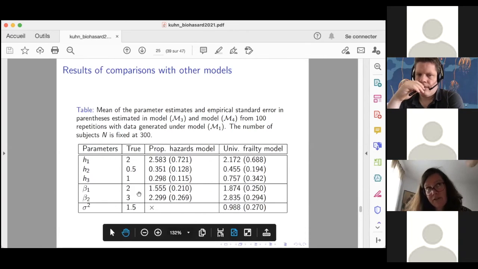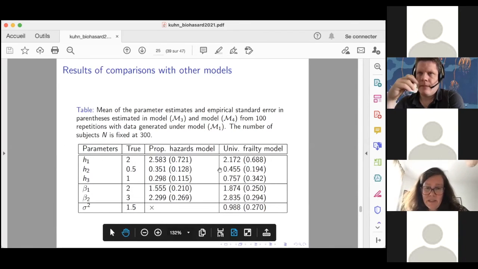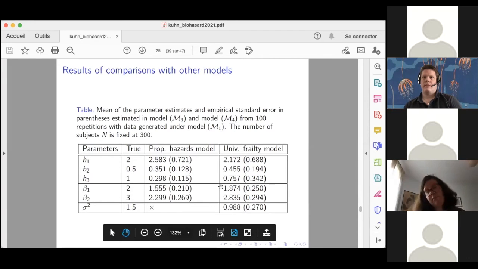And here, if you consider the univariate frailty model, it's also biased, but less than here. So the frailty term does its job, but you don't take into account the correlation between individuals.